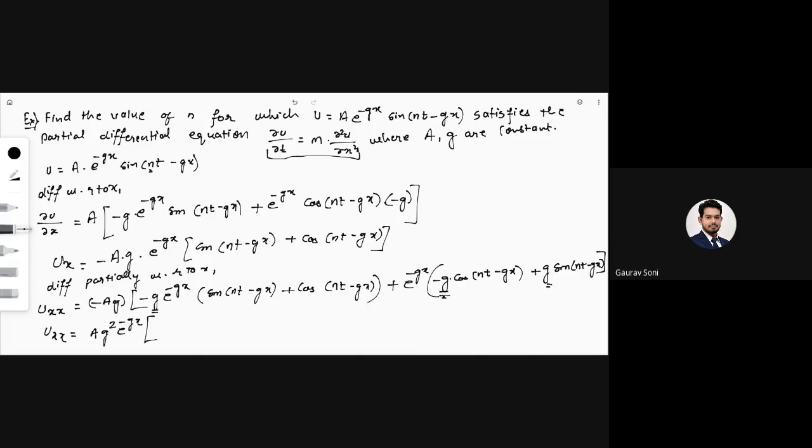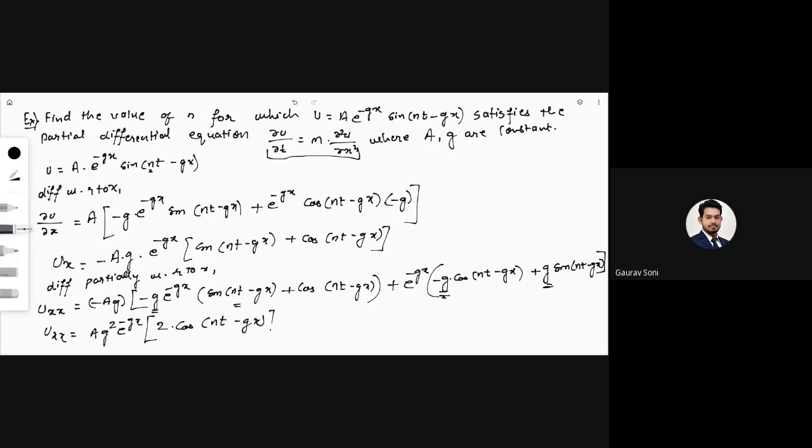When I take minus g, I will get 2 cos of nt minus gx plus sin nt minus gx, and after taking this minus g common, this will become minus. So sin nt minus gx will get cancelled out. So finally what we have is 2 cos nt minus gx.